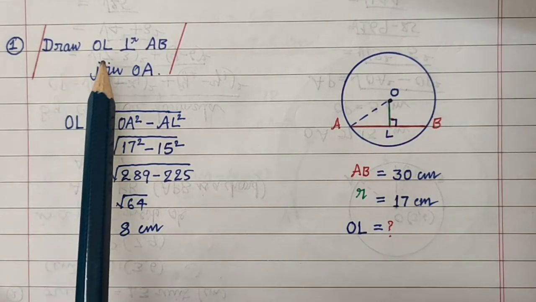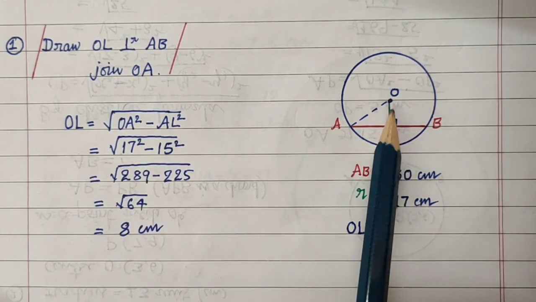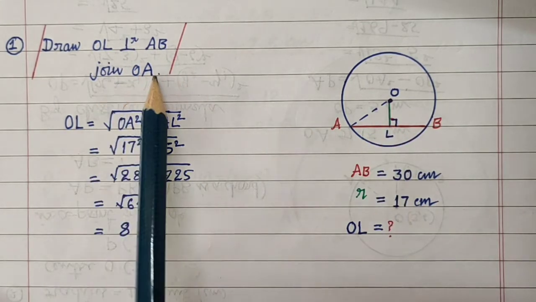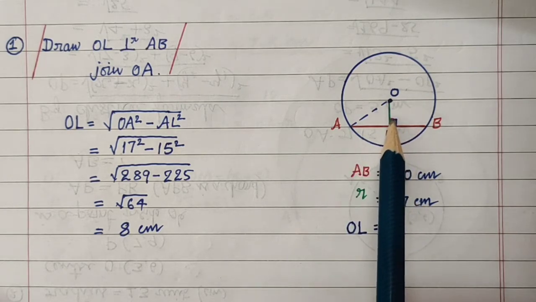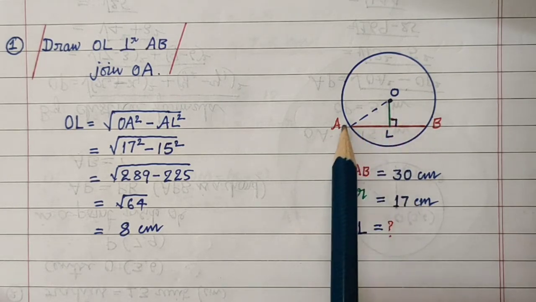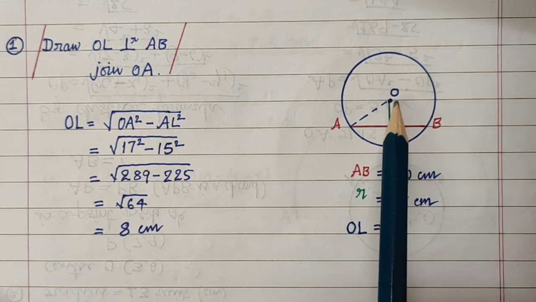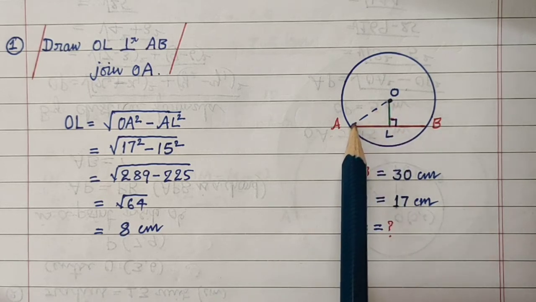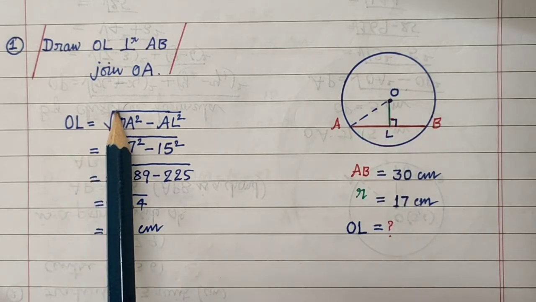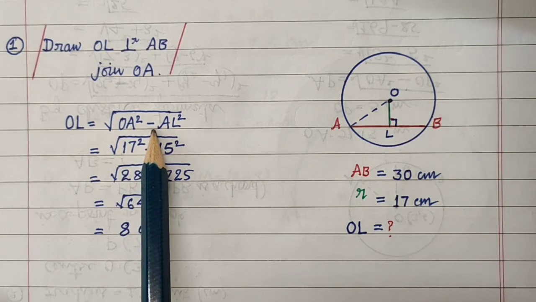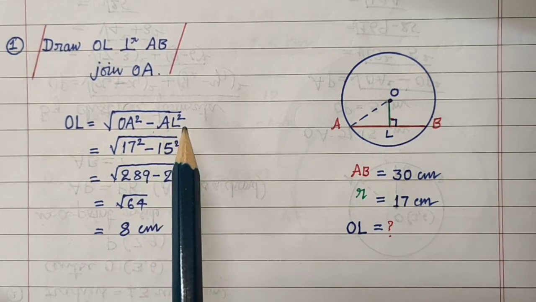Draw OL perpendicular to AB, and join OA. Because this is perpendicular, this is a right angle triangle. Therefore, OL square is equal to OA square minus AL square. OL is equal to square root of OA square minus AL square.